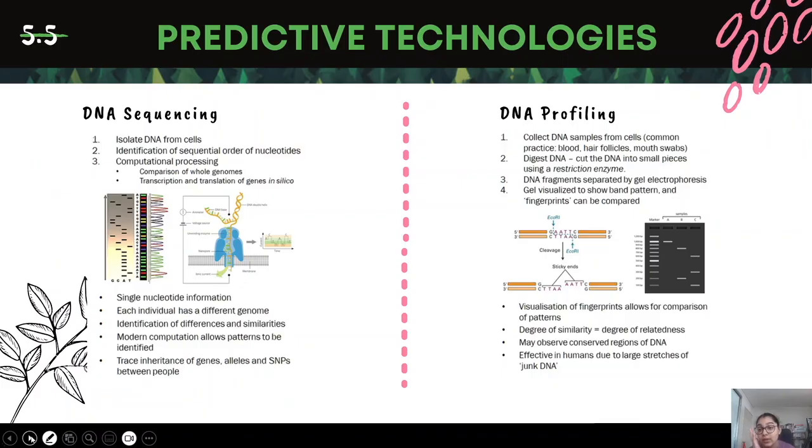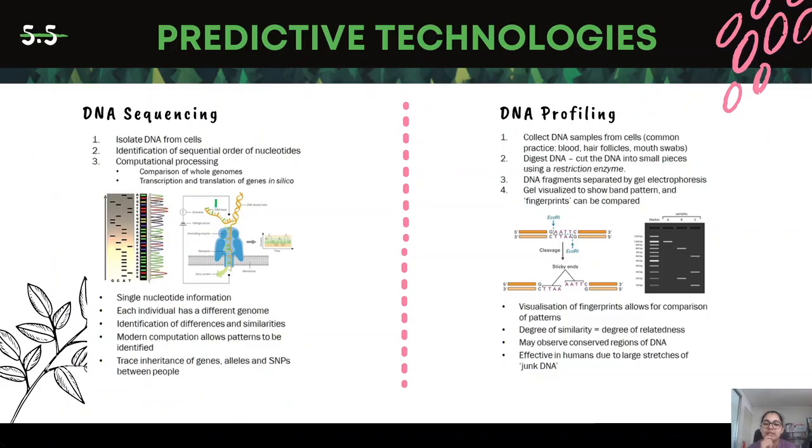Okay, so we use DNA sequencing, which involves firstly taking some DNA from the cells, and then you identify the sequential order of nucleotides. So DNA is basically made up of the deoxyribose sugar, phosphate, and the nucleotides that bond together.